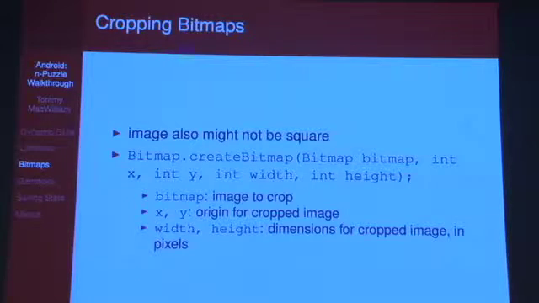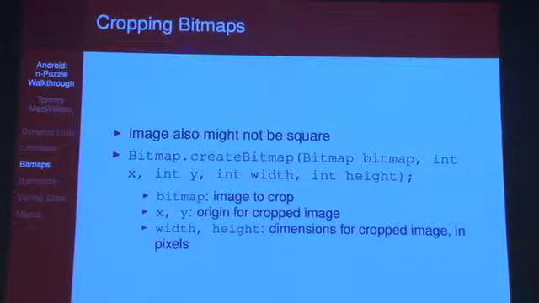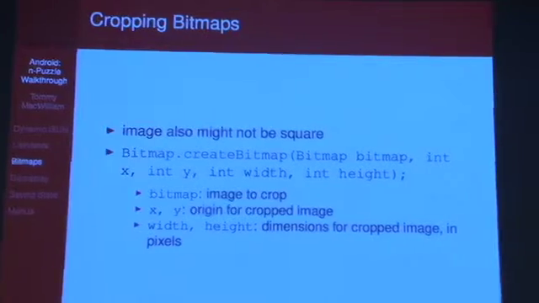So if I want to cut out kind of the top left portion of the image, I can specify some x and y, and then specify the width and the height to basically take some larger image and create a smaller image from it. So let me show you a quick code example to make that make a little more sense.